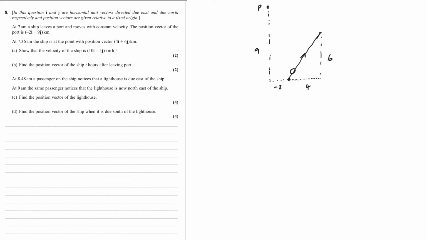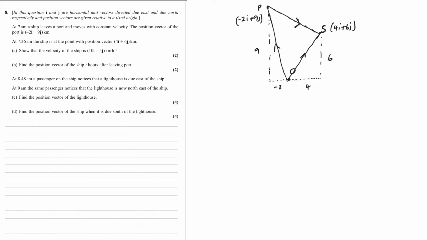Okay, so this point here. Now we've actually travelled, so if I just draw that one in there, and we've travelled this distance, haven't we? Okay, so this is now where my ship is. And it's at the point 4i plus 6j. And P is -2i plus 9j.